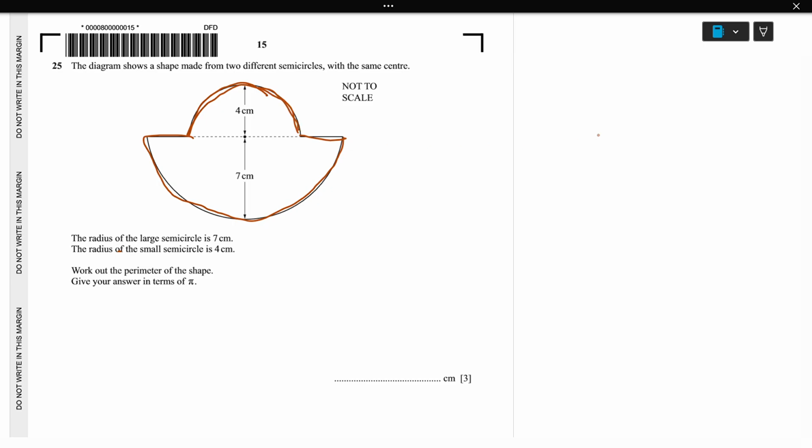Okay, semicircle, this is like circumference formula. The full circle circumference formula is 2 pi r. So the semicircle circumference formula is going to be just divided by 2, which is pi r. So smaller one I'll take pi r, so pi times 4. The bigger one, 7 is the radius, so pi times 7.